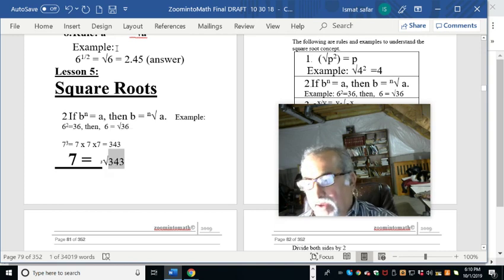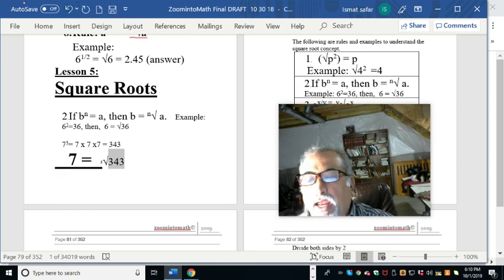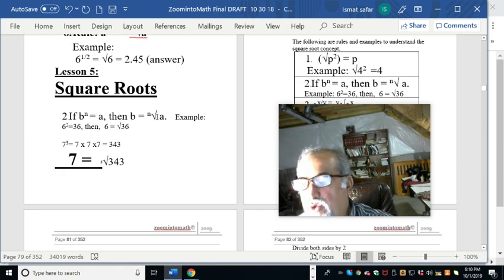It's actually a follow-up of what we were talking about 2 or 3 videos ago, and that is the rule. Again, if we have b exponent n equal a number, we call it a, then this b is the nth root of a. Example: if we have 6 to the exponent 2, or squared, equals 36, then 6 is the square root of 36.